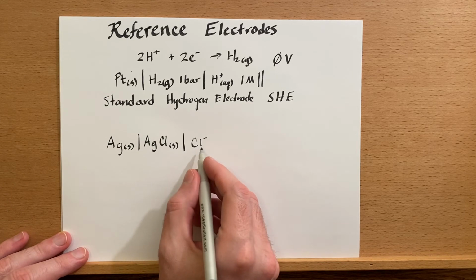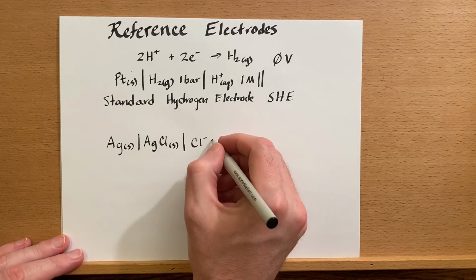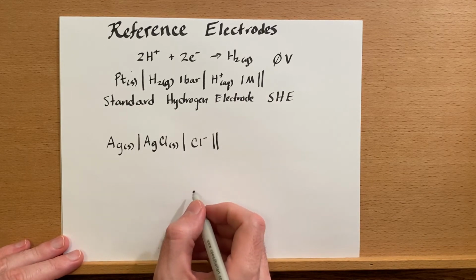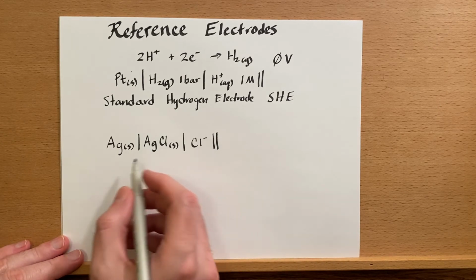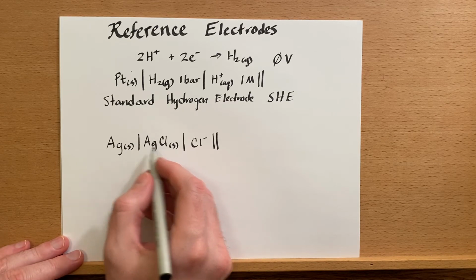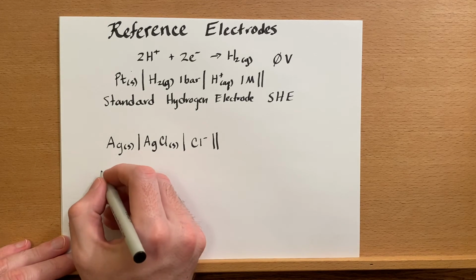It will have some silver ions in it, but those are not important for the electrochemical reaction that we're actually measuring. And then we'll have our salt bridge. So what's the actual reaction that this is measuring? Well, it's the reduction of silver chloride to make silver metal and chloride ions. This is what it looks like.